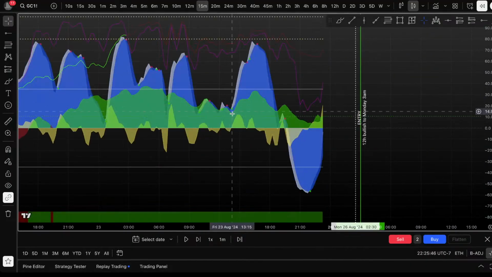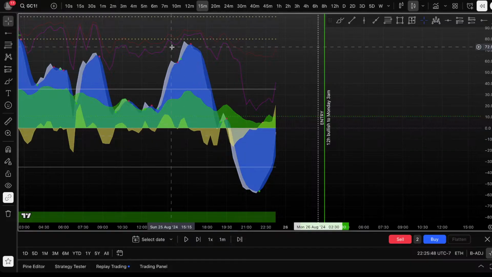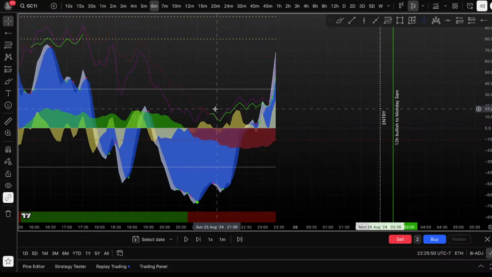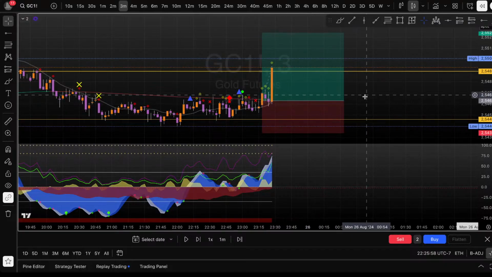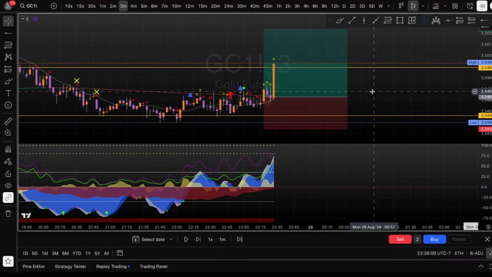What's the 15 doing? Absolutely push it. Yes, push it. I'm watching this 3. No, I'm not going to take profit after a push like that.